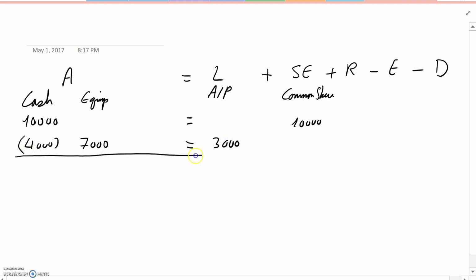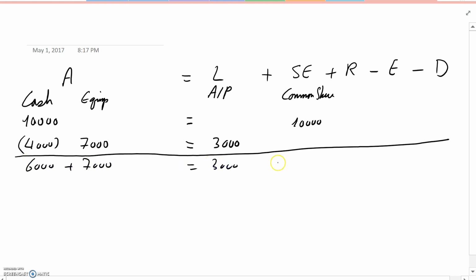Now, if you drew a line like that, and we have balances, so here we'll have 6,000, and then 7,000. On this side, we'll have 3,000, and then plus 10,000, which is 13,000. So both sides are equal.